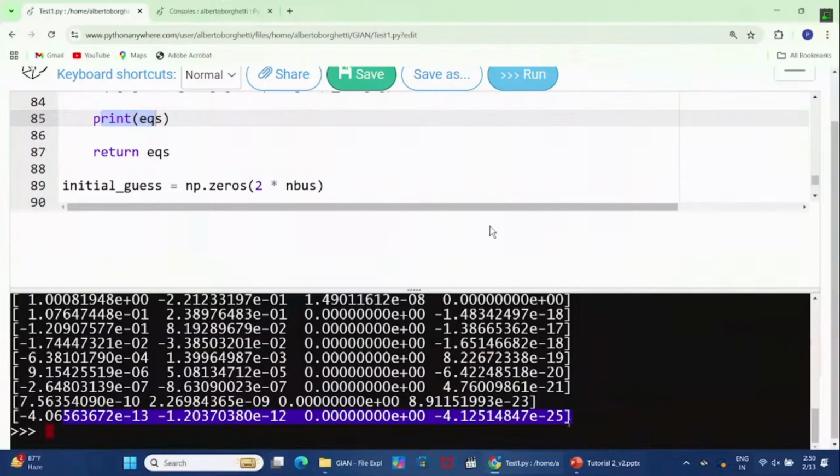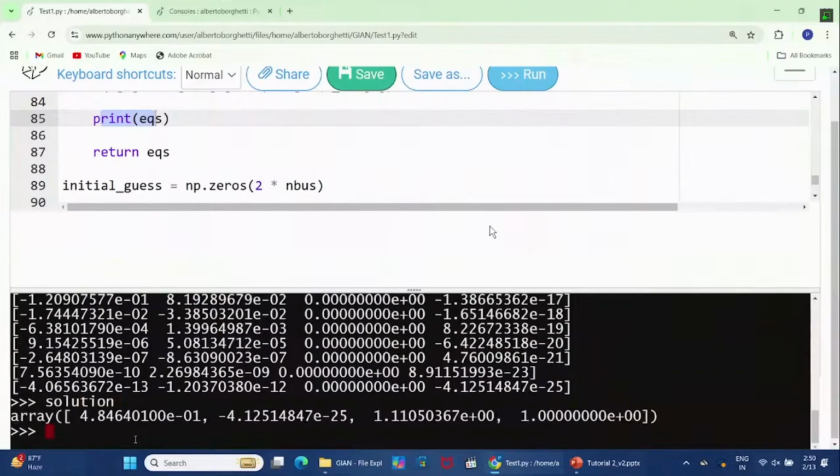So we now need to extract the results. You see that the results are in solution. If I put solution here, it gives us these: first the angles and then the voltages. So these two are the angles. You see that it has calculated the angle in bus 1, that is 0.4.